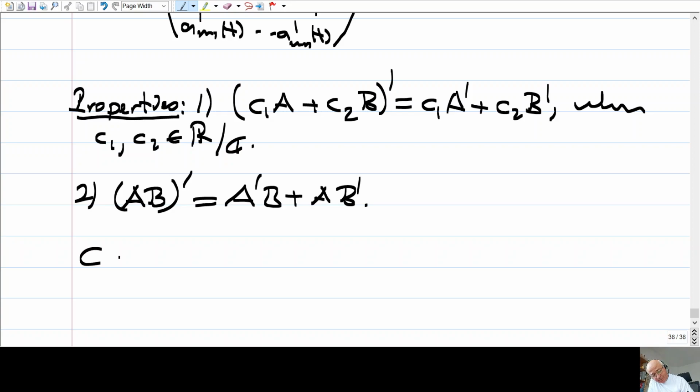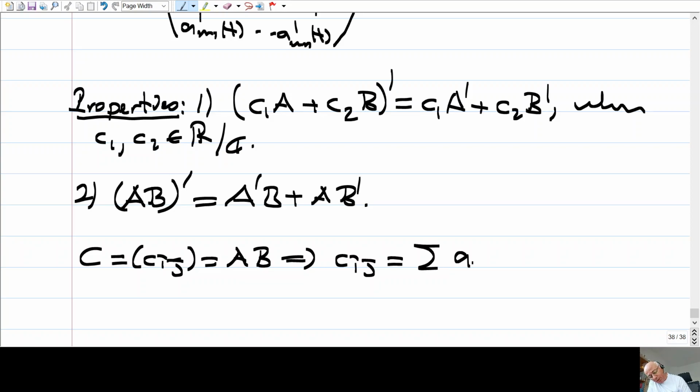Let's say C is just the matrix A times B. Then what is the C_ij term? This is just the summation of A_ik times B_kj, with k from 1 up to n.